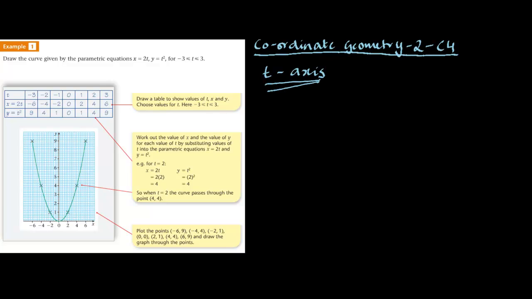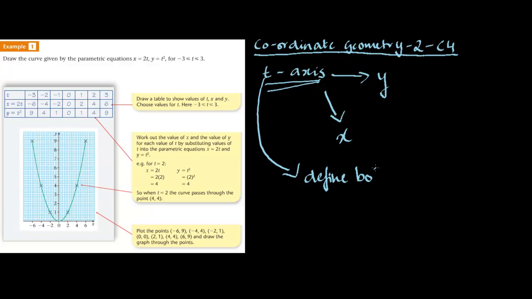Now, the t-axis is something that can determine both the x-axis and the y-axis. Essentially, it can define both x and y, as you can see right over here.